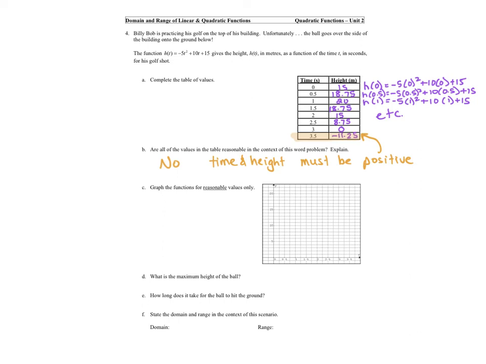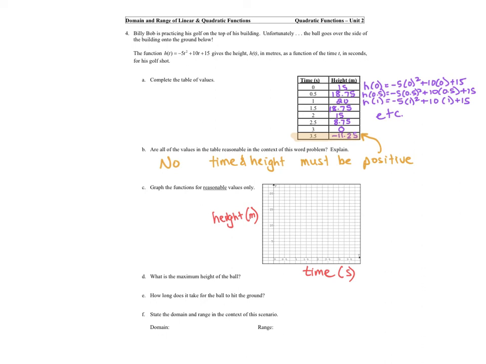Now we're going to graph this. Time is going to go on the horizontal or the x-axis because it's first in the table. Height is going to go on the vertical or the y-axis. And we're going to plot these points.